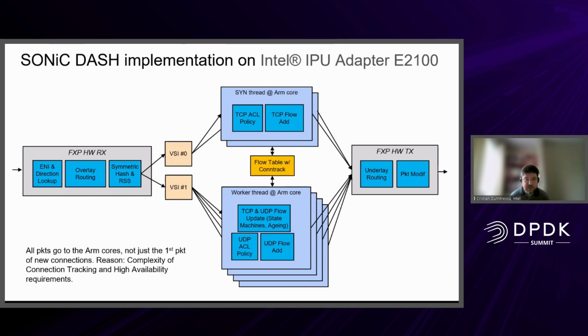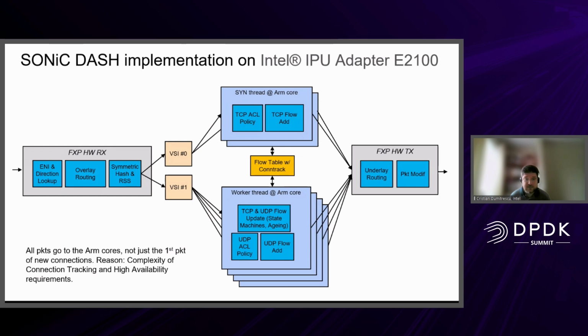We do the TCP and UDP flow state update, the state machines, the aging part, keeping track of the timestamps to see when we need to remove connections. The policy lookup could also be done here, although the main use case is to do it on the hardware part. And we also add the UDP flows here.